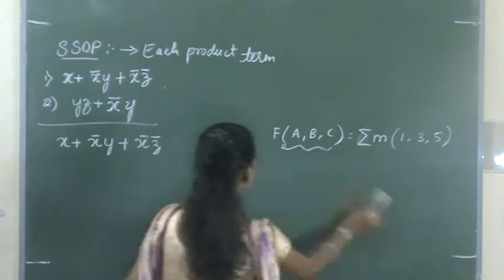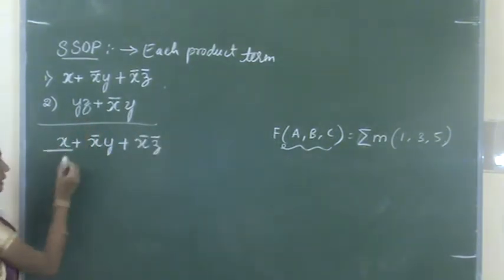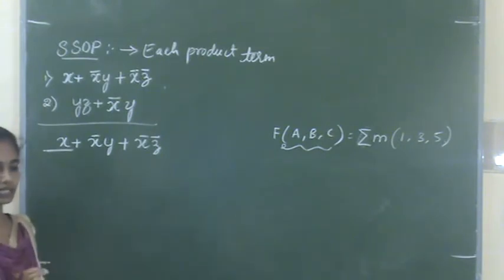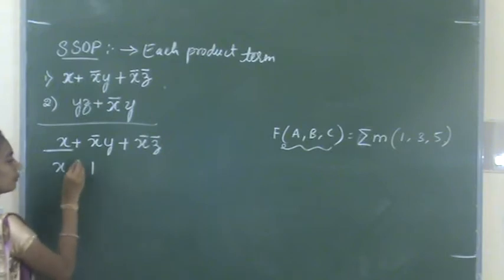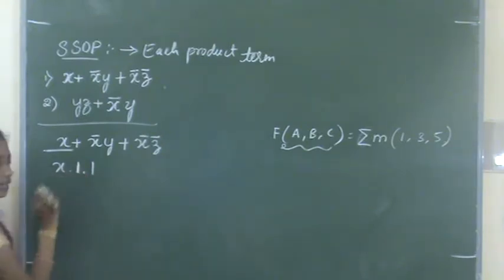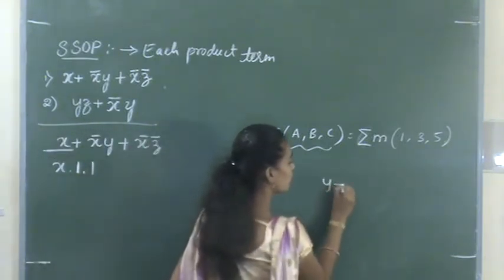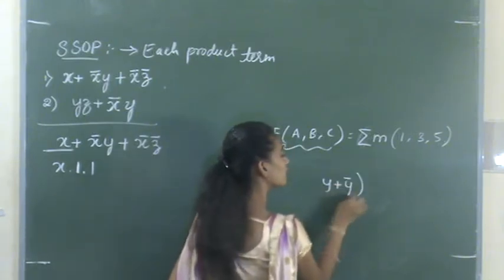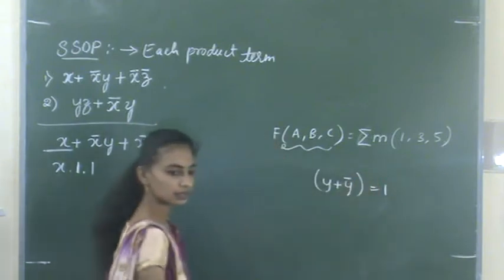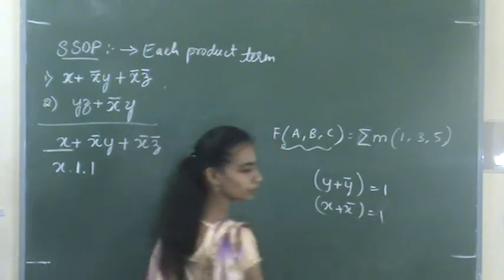In the first product term, y and z are missing. So I write x into 1 into 1, which is the same as x. According to the complementary law, y plus y bar is equal to 1, and x plus x bar is equal to 1.